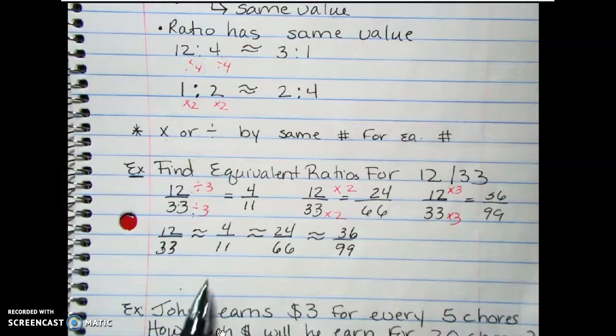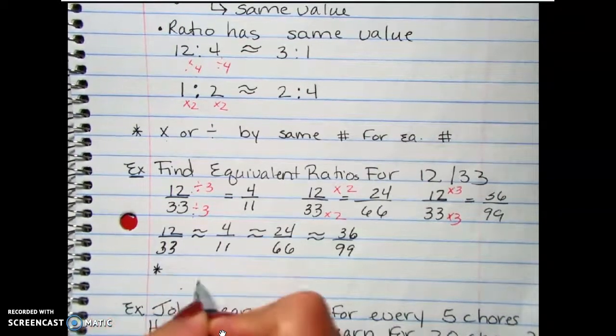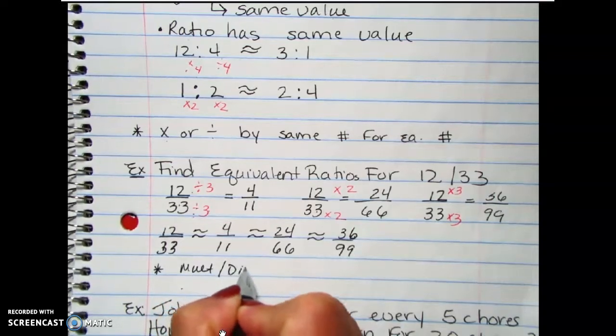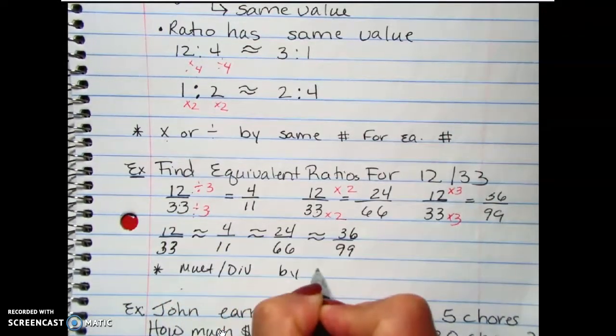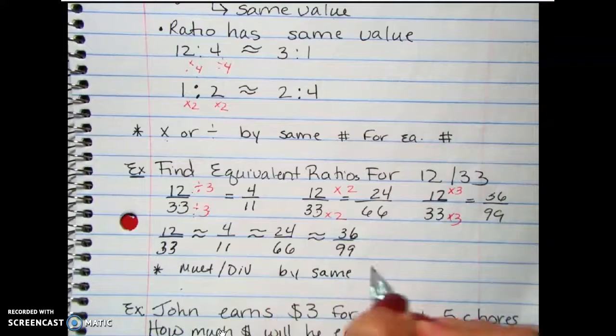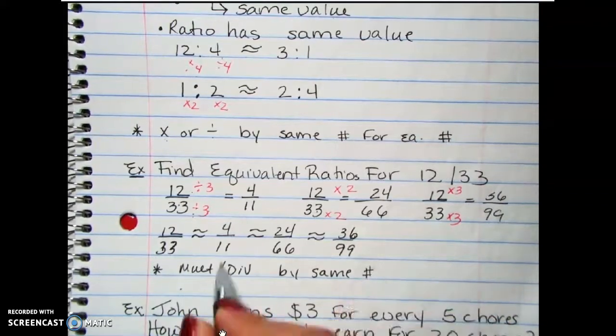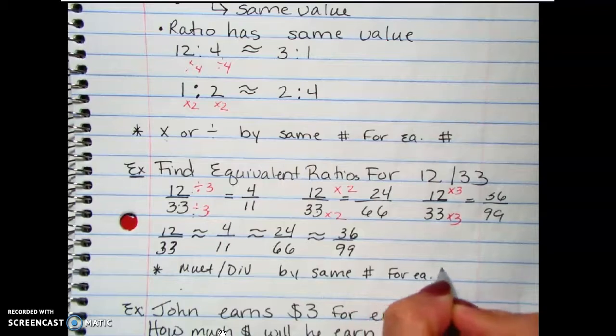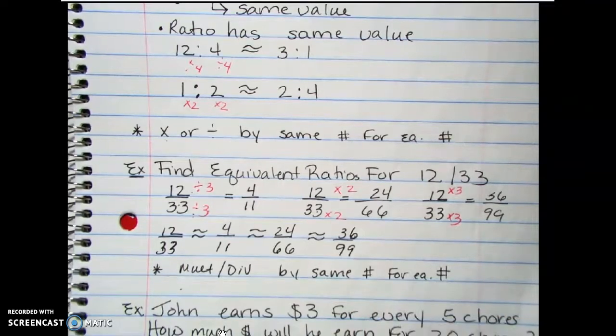So one thing to be noted is to make sure you multiply or divide, whichever one you're doing, by the same number, which I already wrote here, for each number. It's so important, okay?